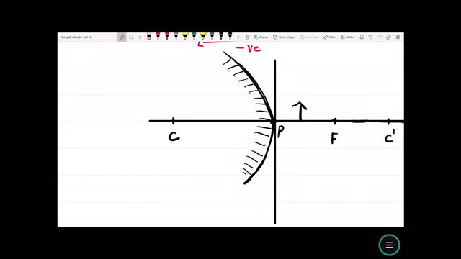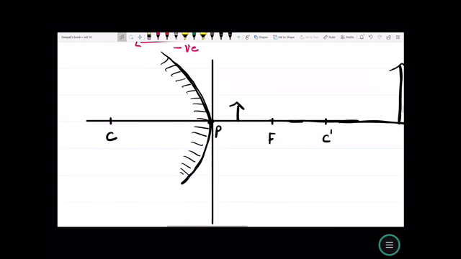Now let us see about a convex mirror. We know that for a convex mirror, C is the center of the sphere from which the mirror is taken, but the focal point is not inside it, it is behind the mirror.